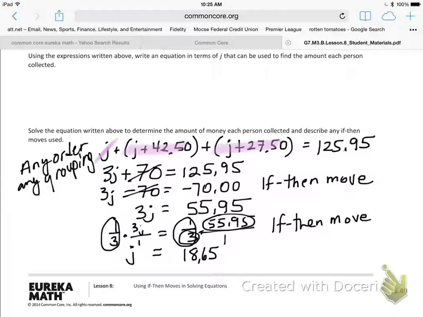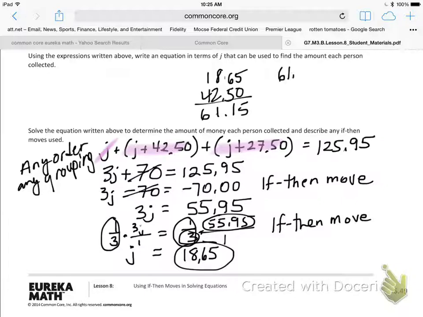All right. So we can prove this is right, because if we know Julia was 18.65, then we'd add that 18.65 to 42.50 to get Keller. That would give him 61.15. And then for Israel we could go the other way and subtract 15 away from Keller, because that's what they said.